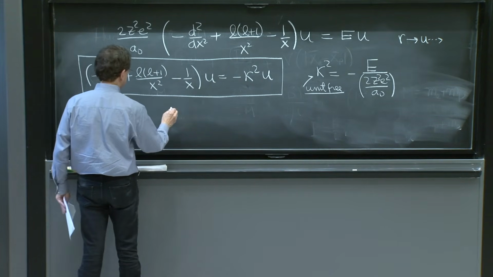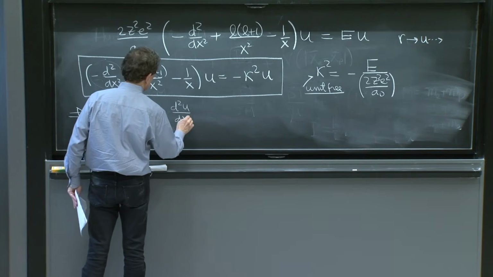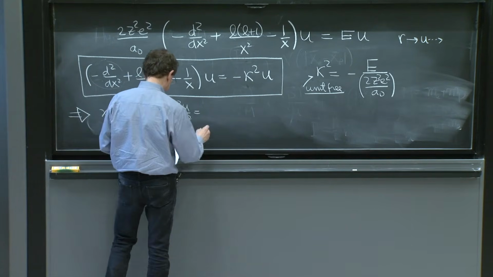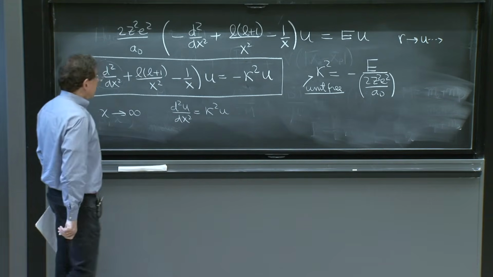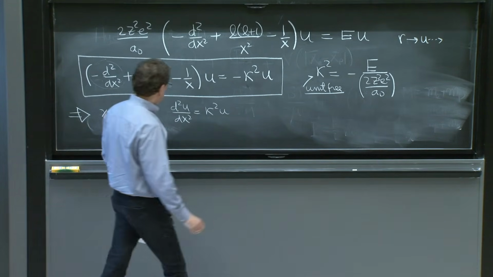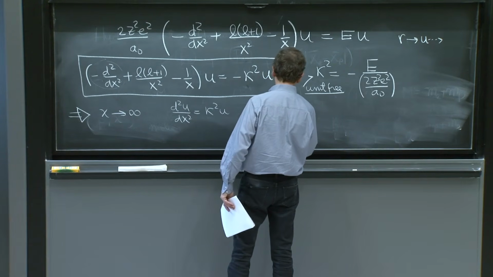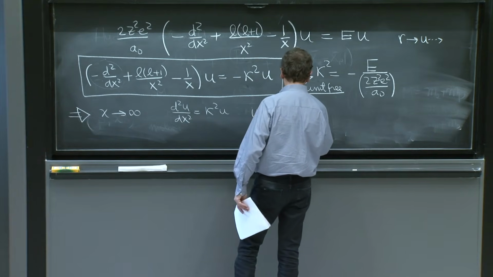So you would have the second derivative of u with respect to x squared is equal to kappa squared. So this suggests that u goes like e to the plus minus kappa x.